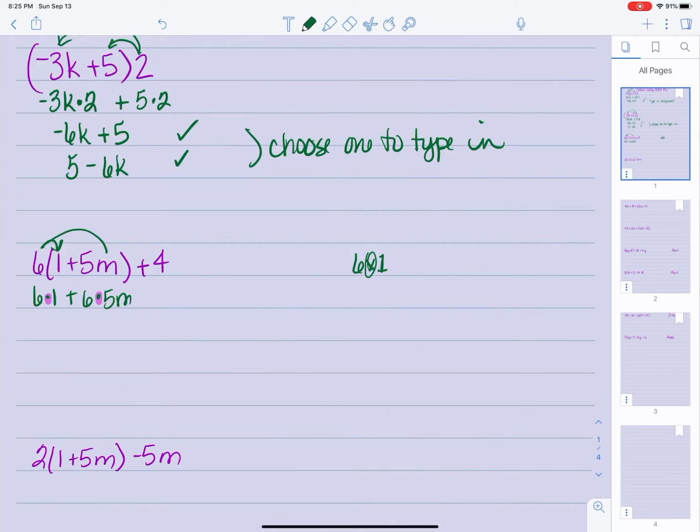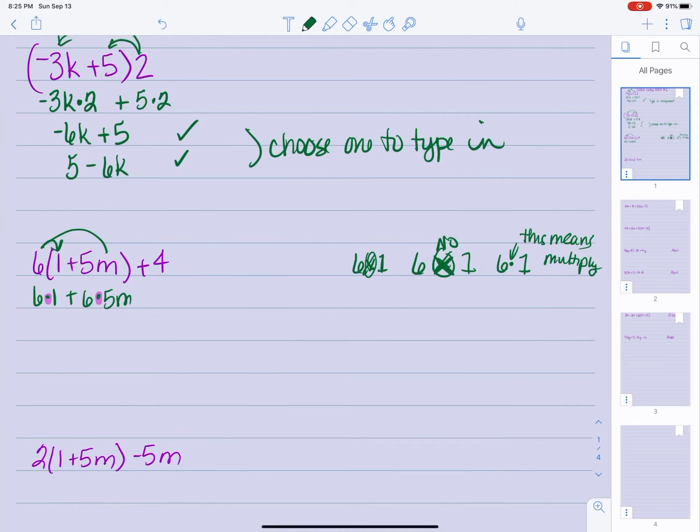So this is no more. No, you're going to write a circle. This means multiply.